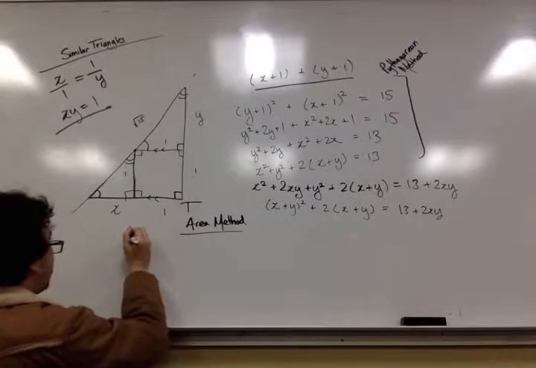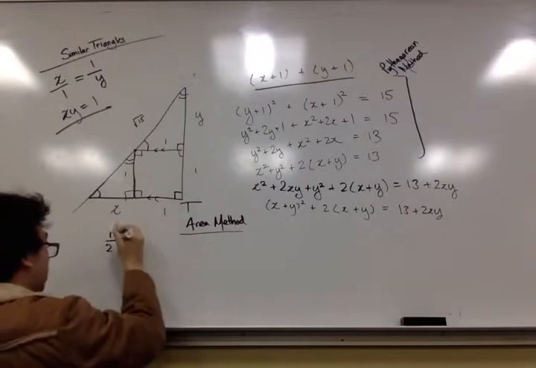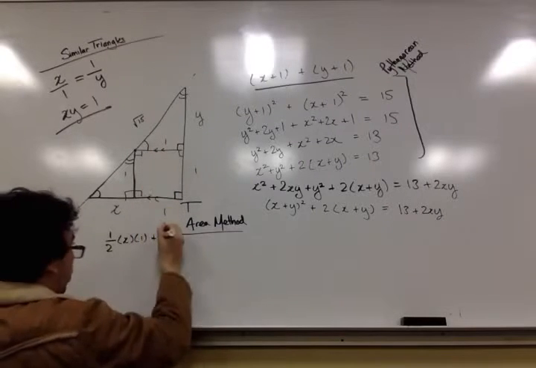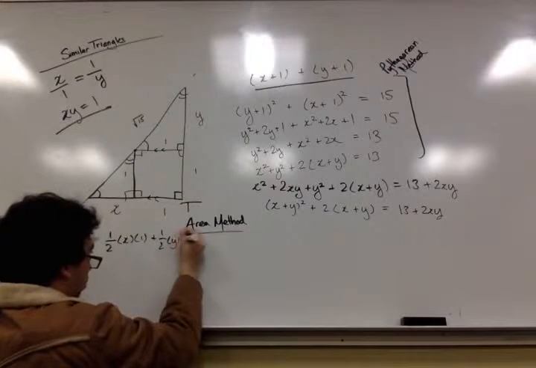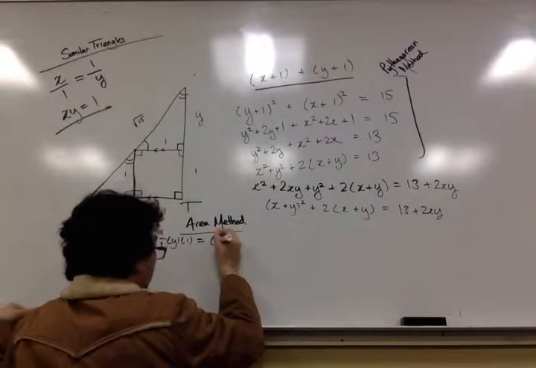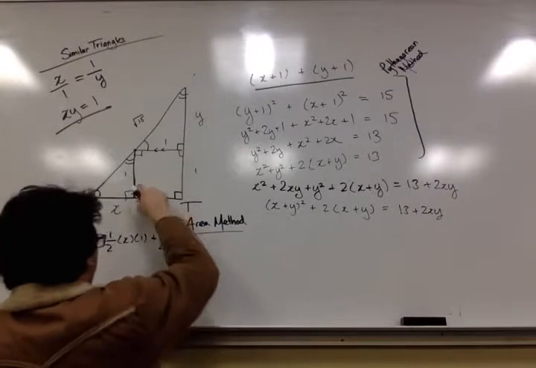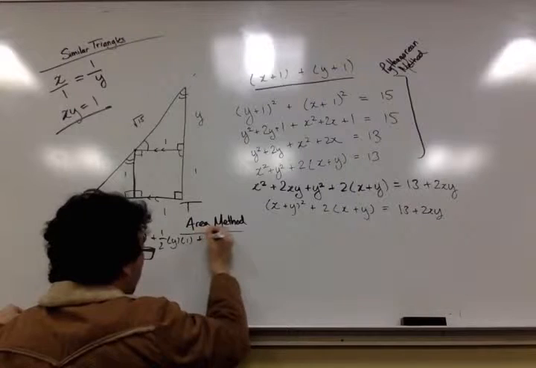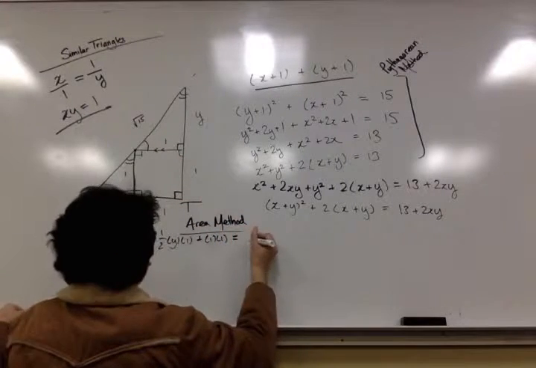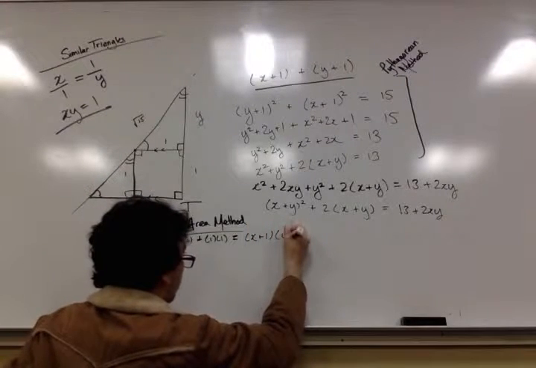The area method says that 1/2 x times 1, plus 1/2 y times 1, plus this 1 by 1 square, which is 1 times 1, will add up to the total area of the big triangle, which is 1/2 times x plus 1 times y plus 1.